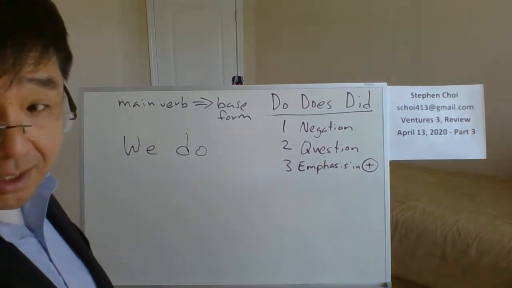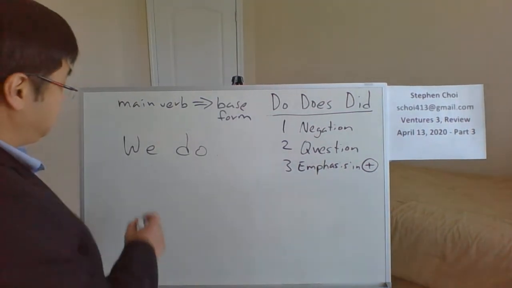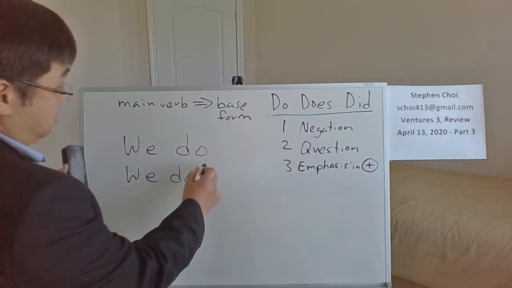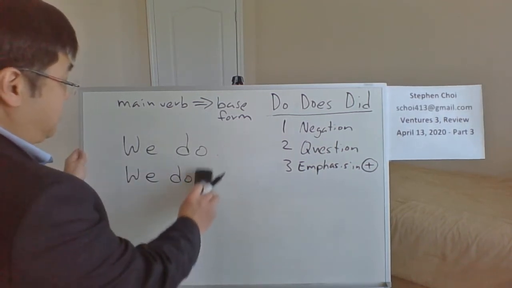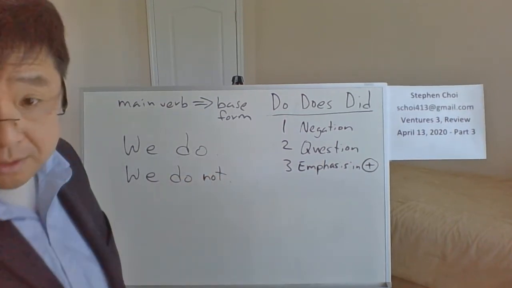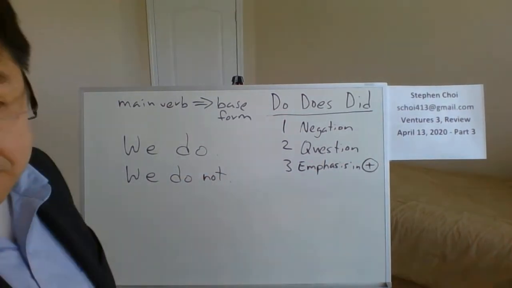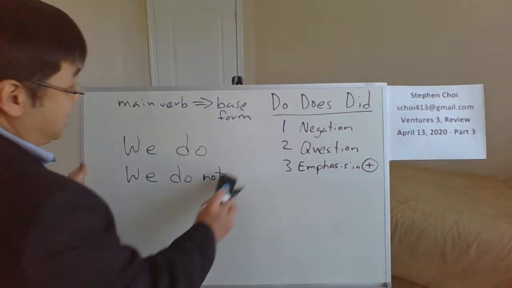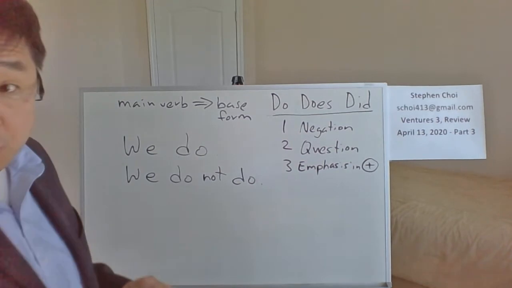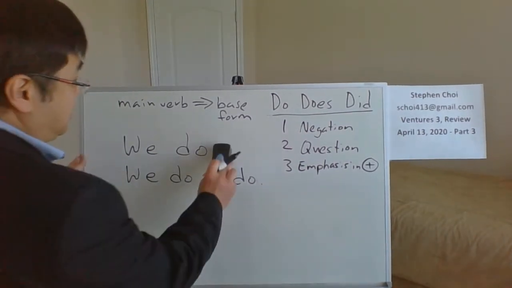No, that's not good. Or let's not contract it. We do not. Is that we do not? No, that's not complete. You gotta say what? We do not do. We don't do.